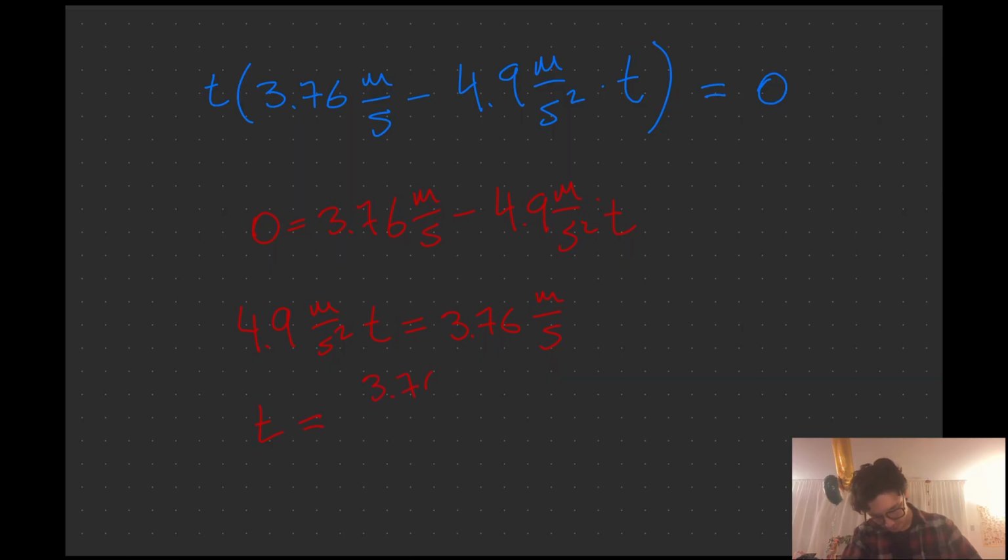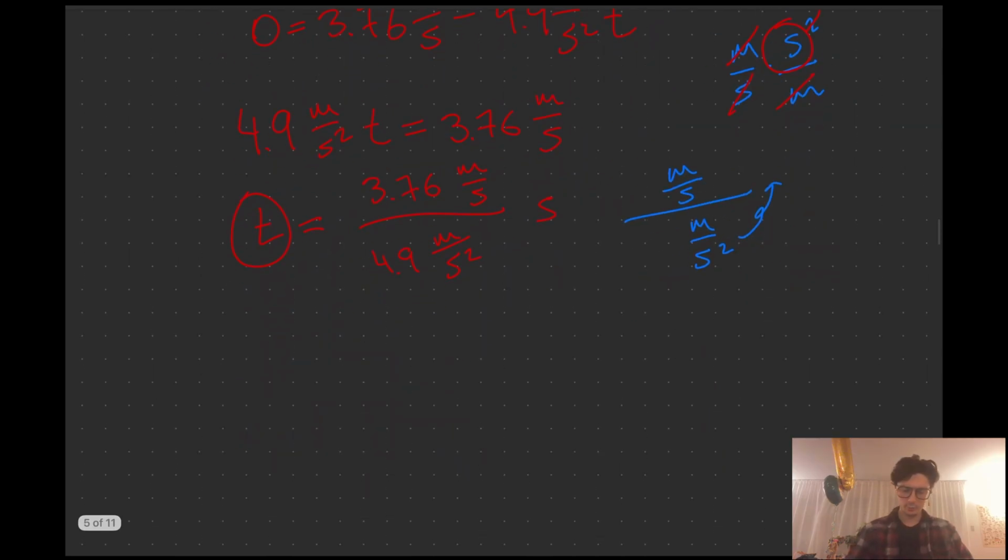We have 3.76 meters per second divided by 4.9 meters per second squared. Peep the units here. We have meters per second over meters per second squared. If I flip this around and multiply it, I get meters per second times second squared per meters, and here what we have is meters cancels with meters, seconds cancels with one of these seconds. So the only unit left over is seconds, which means this time is going to have units of seconds.